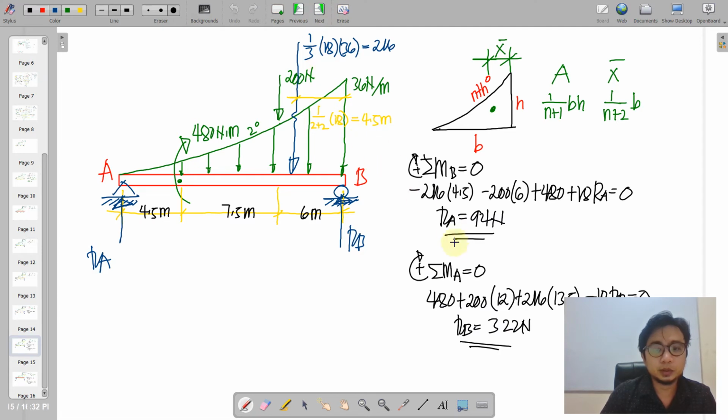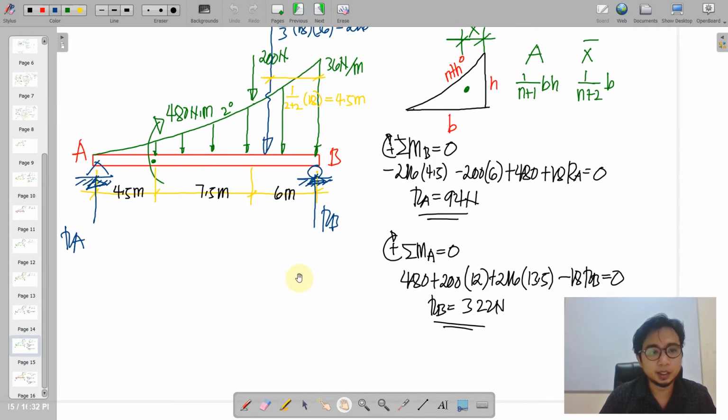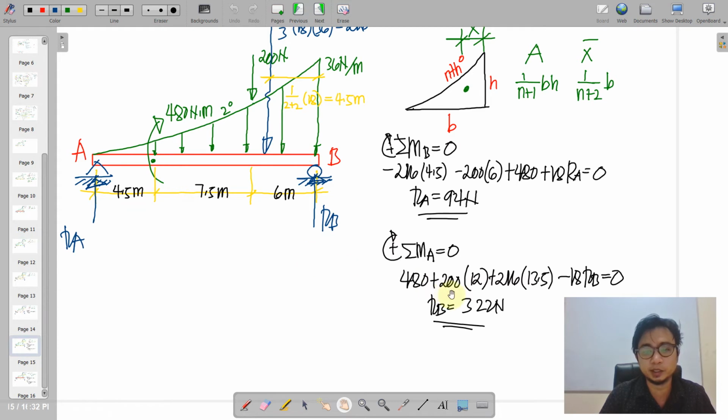So we use also another moment, at the other support. We have 480 plus 200 clockwise times 7.5 times 4 plus 4.5, that is a moment arm of 12.